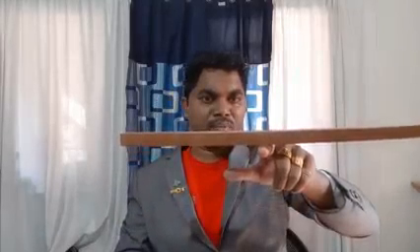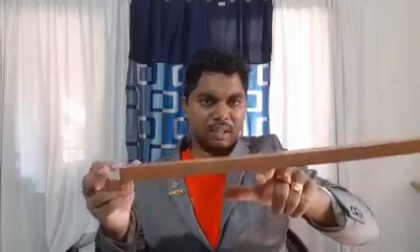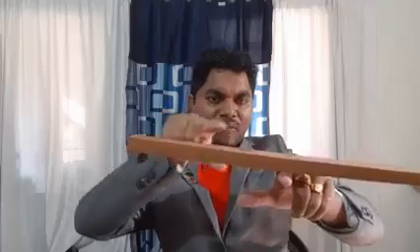If I apply the force somewhere, and the center of mass is somewhere here, it stays in a constant position and is not able to rotate. And when I move it up and down, you will see it is following a linear motion, right? But the moment I apply the force somewhere away from the center of gravity, it will try to rotate. See here, can you see?